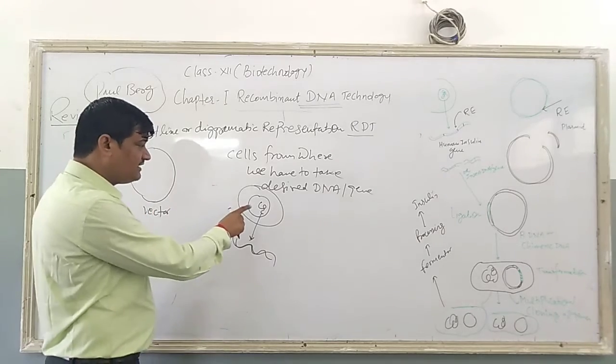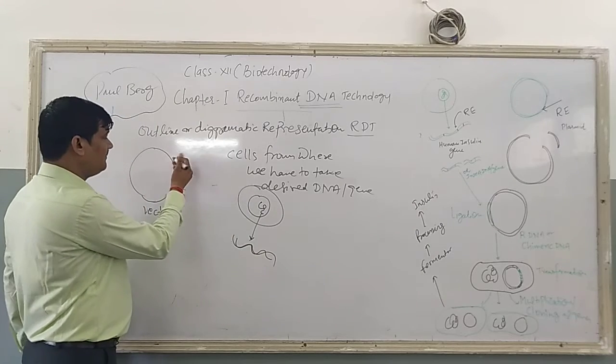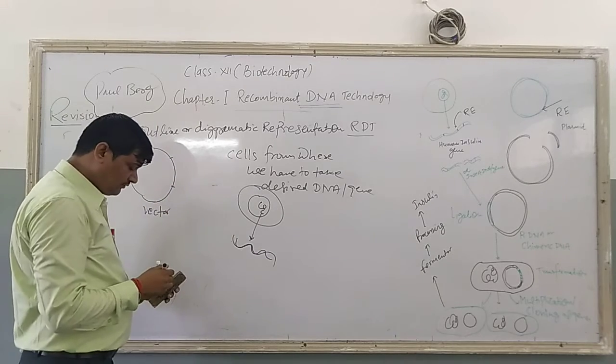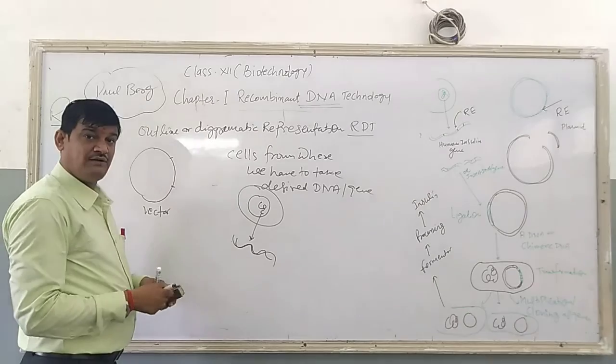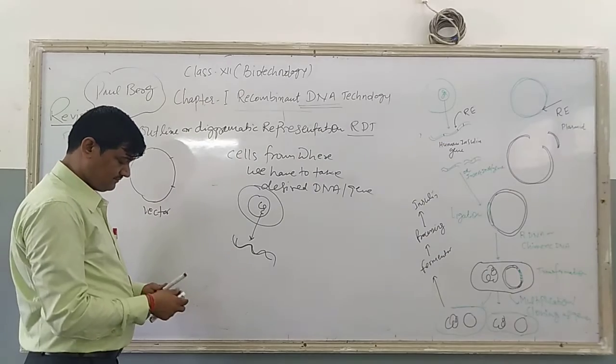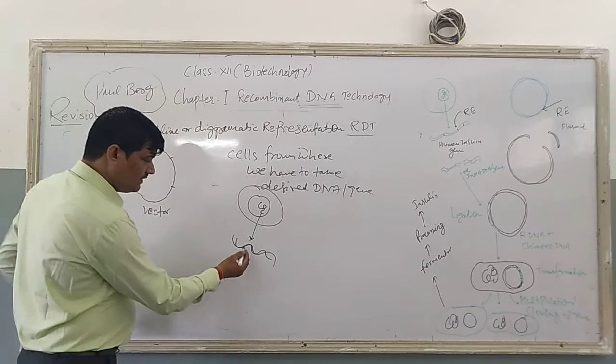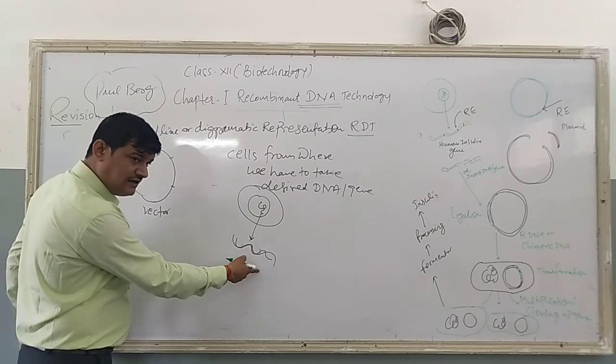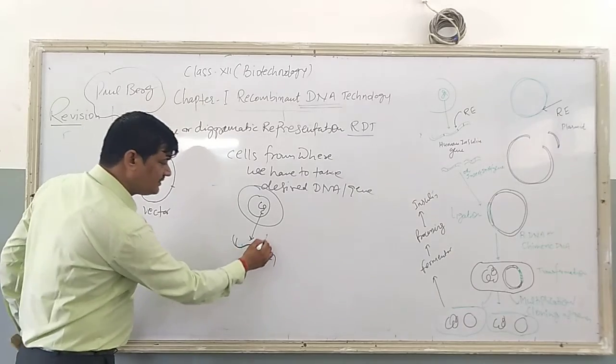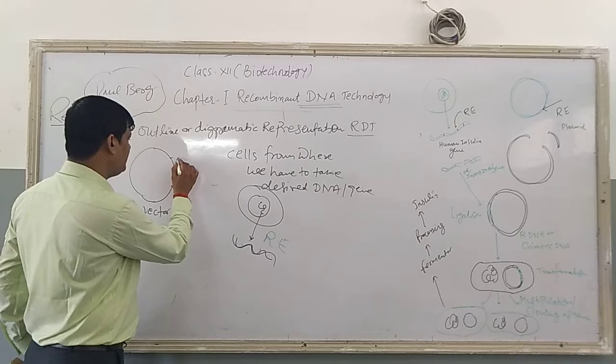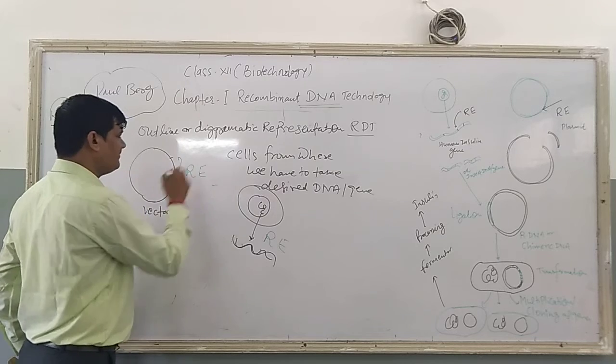So this restriction enzyme is allowed to cut the vector also, because here the pasting will be done. It means this part is cut down with the help of restriction enzyme. Here also we apply the restriction enzyme.